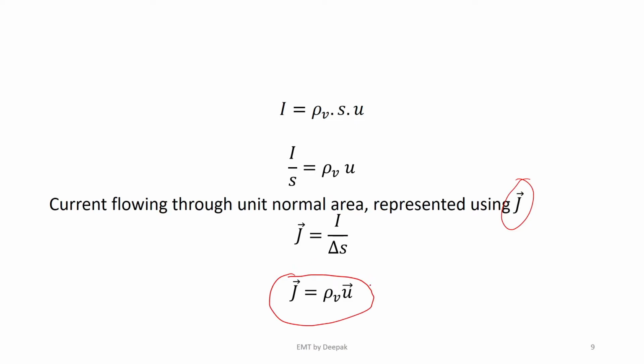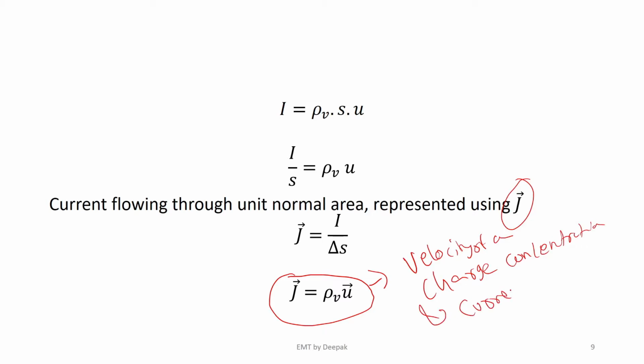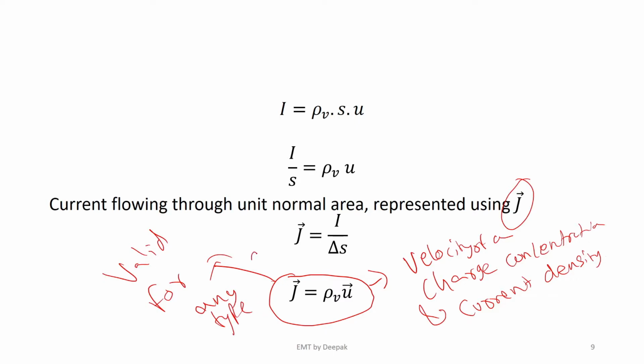This is the relationship between the velocity of charges, charge concentration, and current density. This expression is valid for any type of current density, whether it may be displacement current density, diffusion current density, or conduction current density.